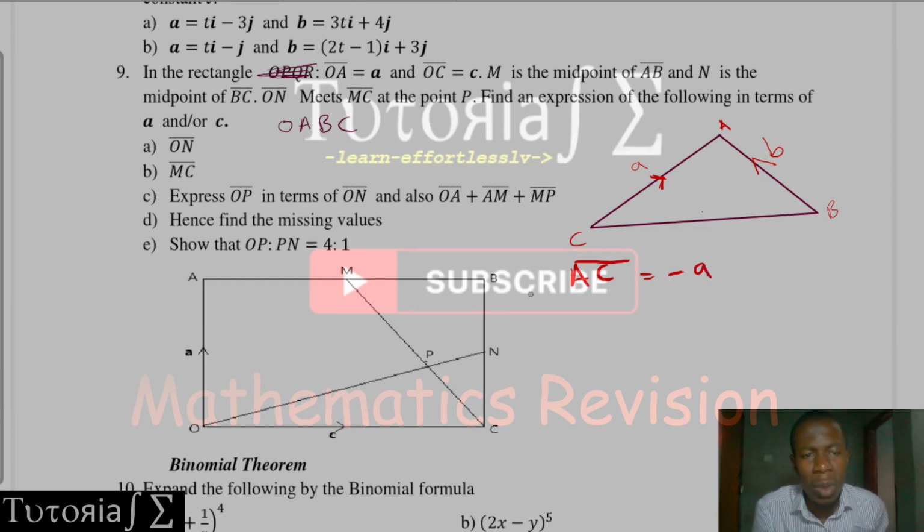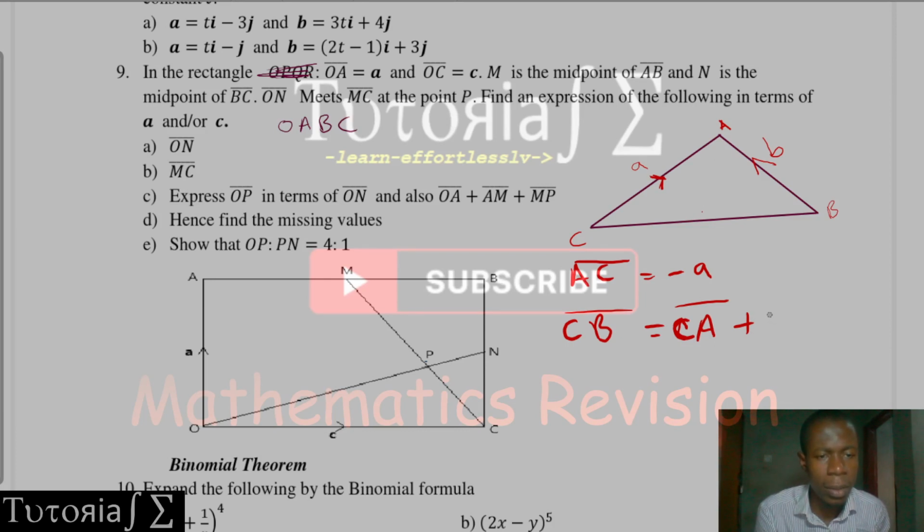Okay, suppose we're looking for, let's say, CB. Okay, CB, there is no vector here. So we need to move from point C, going round, covering some areas. So we need to cover 2 points for us to get to B. So that is CA plus AB.